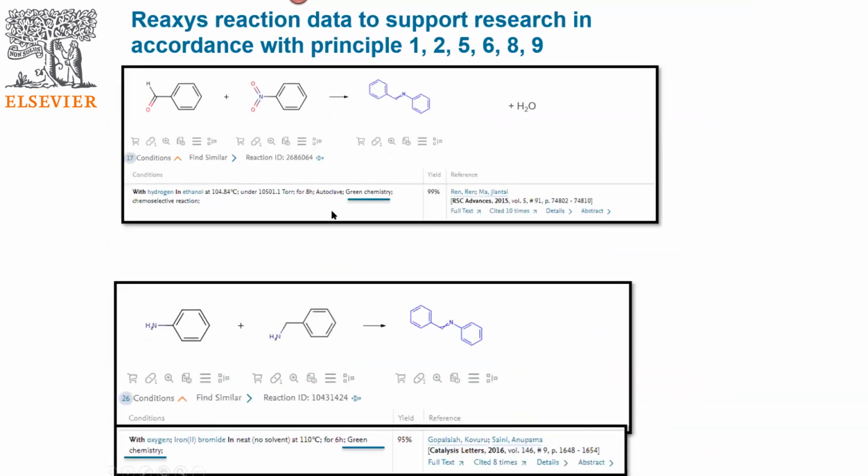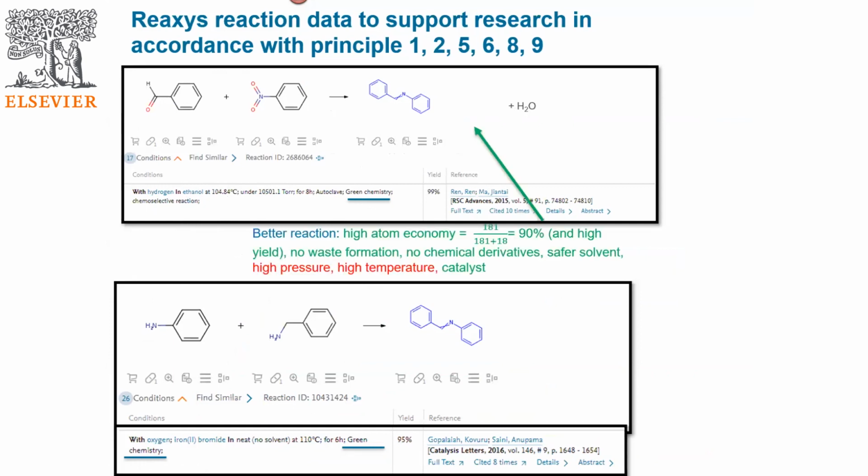We can continue browsing, and for example, we can see this reaction, which also has a very high yield, which also has very high atom economy, but which uses a green solvent, ethanol. Unfortunately, the temperature and pressure are even higher, but I think it makes sense to switch from the toxic solvent to this very nice ethanol.